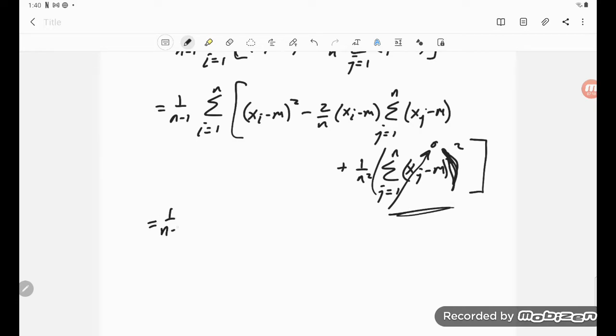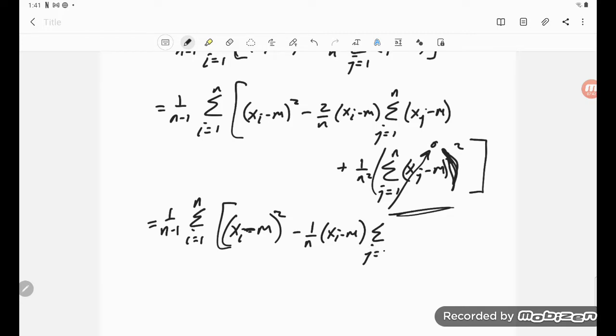I have 1 over n minus 1, the sum i equals 1 to n of xi minus m squared, minus, and I'll take one of those 1 over n's, and the xi minus m times that sum, j equal 1 to n, xj minus m.